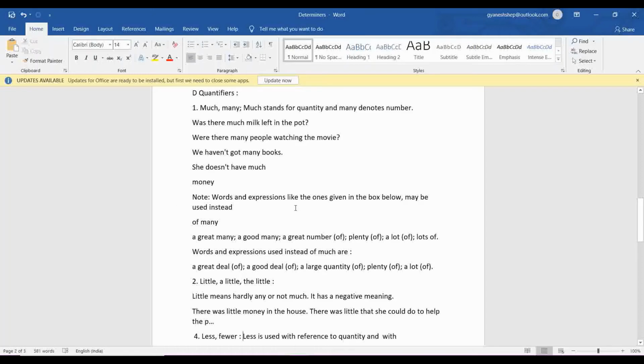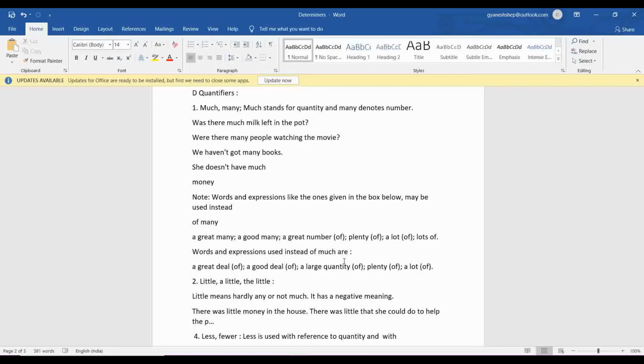Note that words and expressions like the ones given below may be used instead of many: a great many, a good many, a great number of, plenty of, a lot of, lots of. Words and expressions used instead of much are: a great deal of, a good deal of, a large quantity of, plenty of, a lot of.